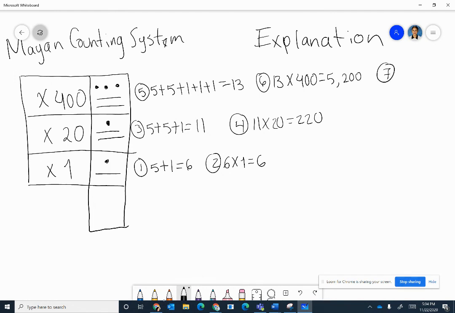Our last step would be to add all the totals. 5,200 plus 220 plus 6. 6, 2, 4, 5. So this number is equal to 5,426.